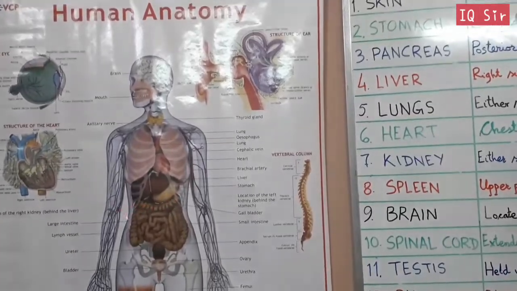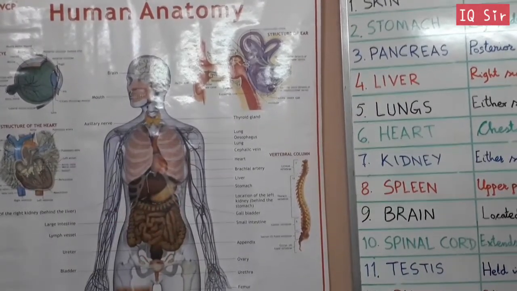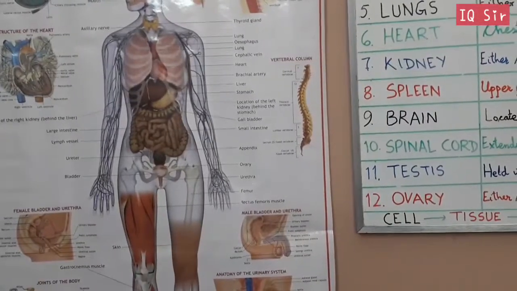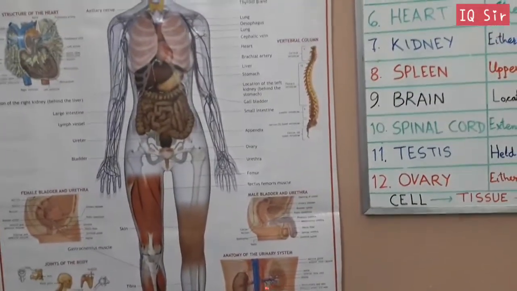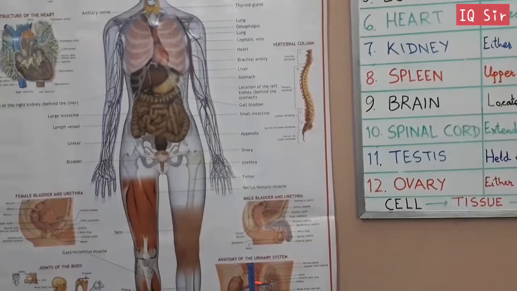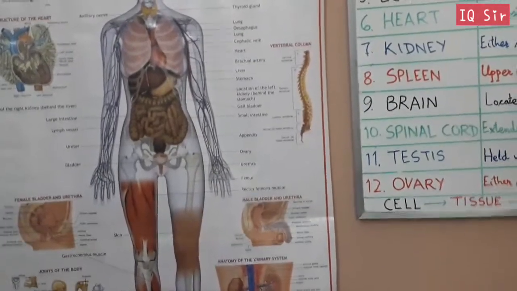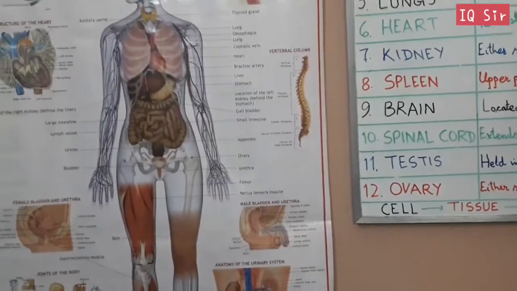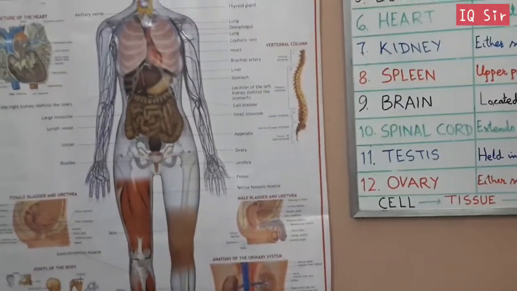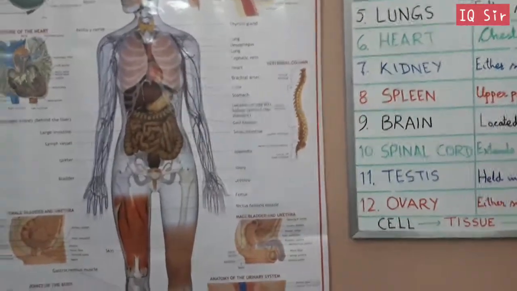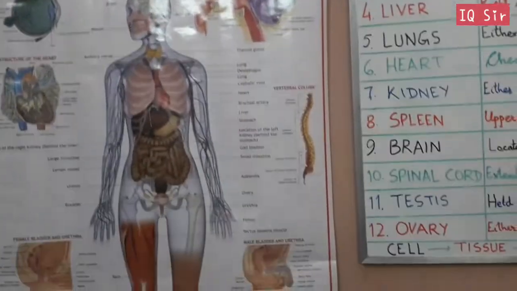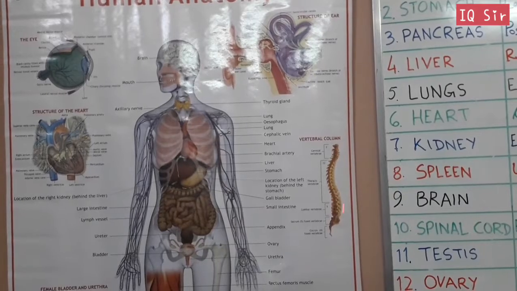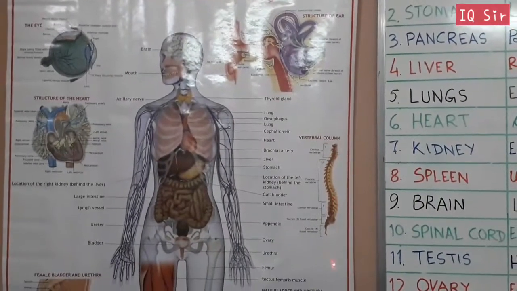Then the kidney, we can see here, is on the back wall of the lower abdomen. Then the spleen is somewhere here, and the brain, and the spinal cord is just at the back, in the vertebral column, located in the hollow cavity.